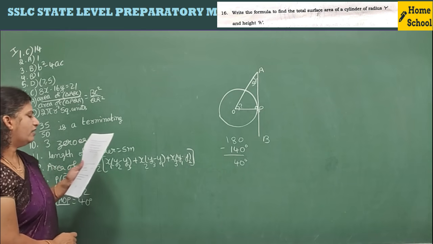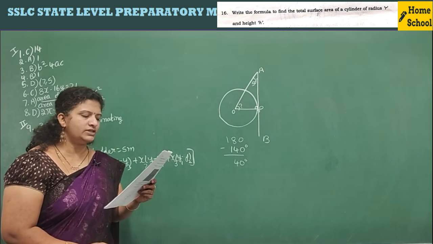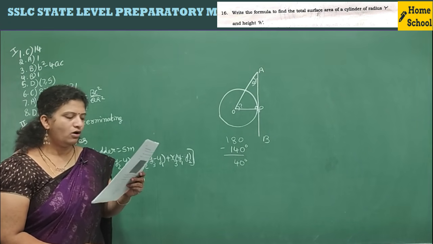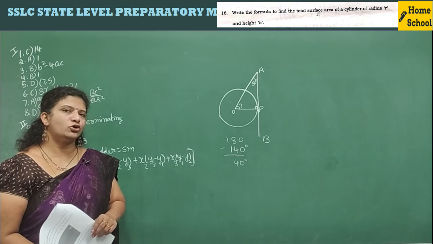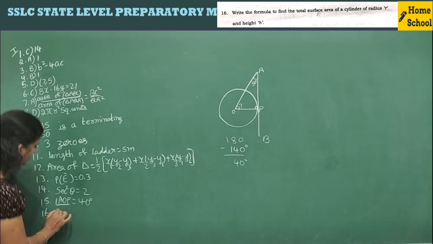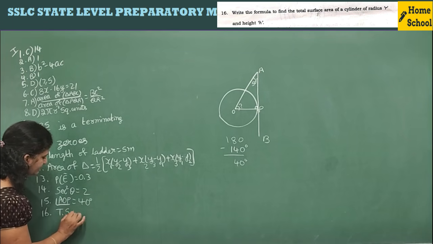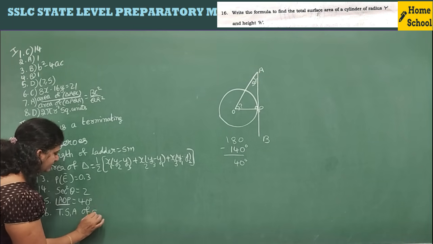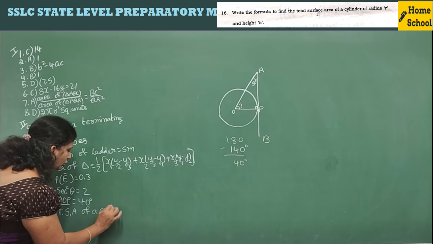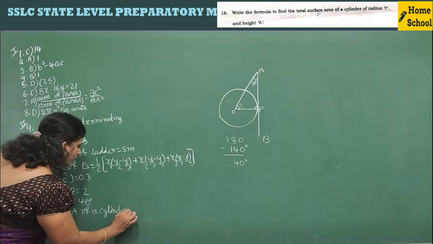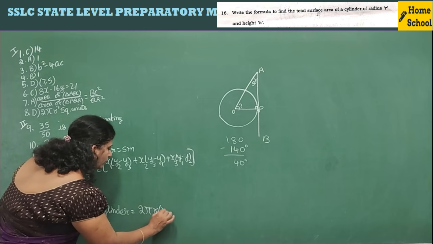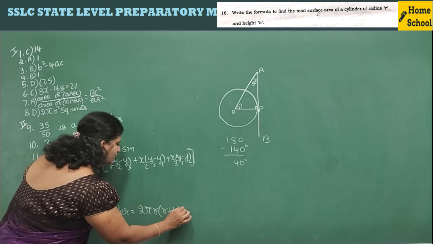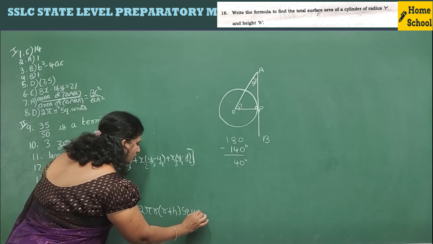Last question. Write the formula to find the total surface area of a cylinder of radius r and height h. What is the total surface area of a cylinder? TSA of a cylinder is equal to 2 pi r into (r plus h) square units.